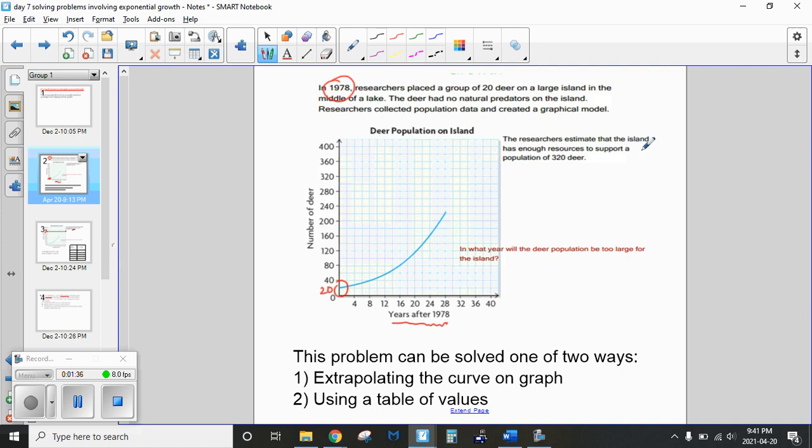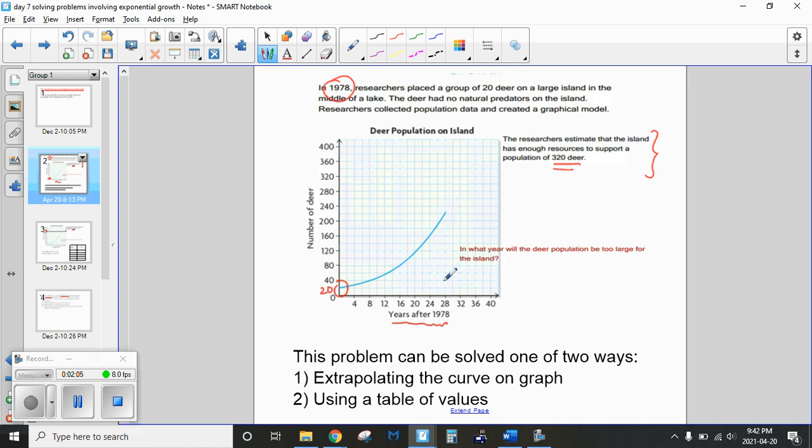An extra little piece of information here, researchers estimated that the island had enough resources to support 320 deer. So this graph goes as far as 28 years after 1978, and the population of deer was up around 220, 225 maybe, so a little bit over 220.